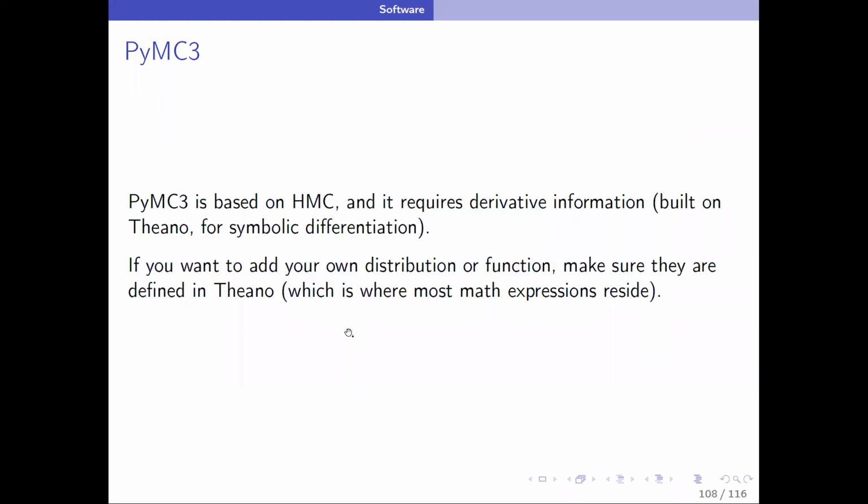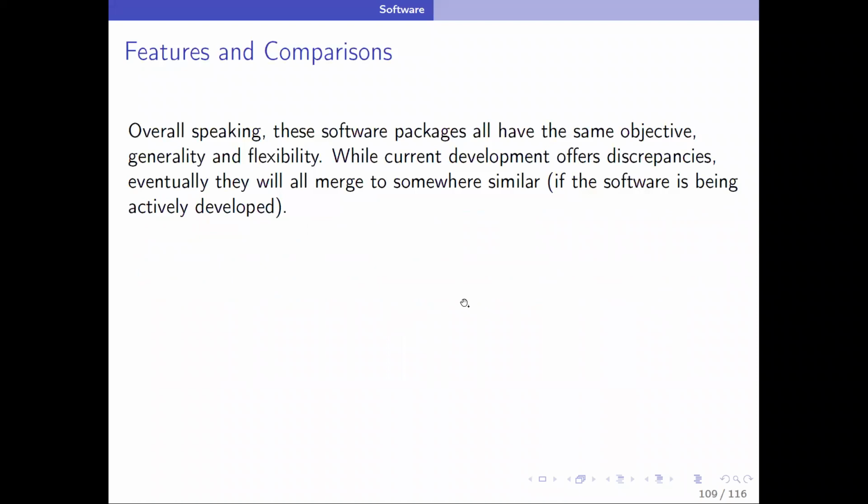It's a Python language, and PyMC3 is based on HMC. It requires derivatives, NUTS, and symbolic differentiation. It builds on Theano. Because it's native to Python, everything is easy. Your distribution functions, as long as they're defined in Theano, you're good.